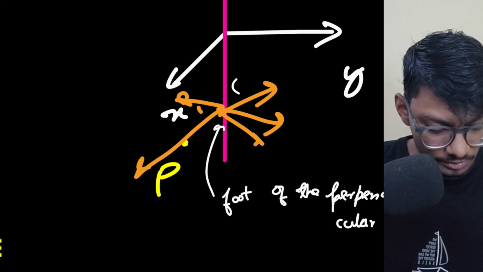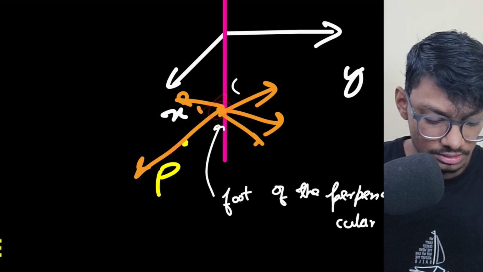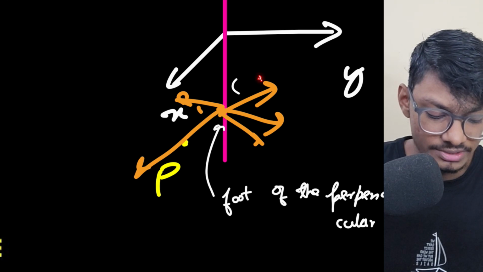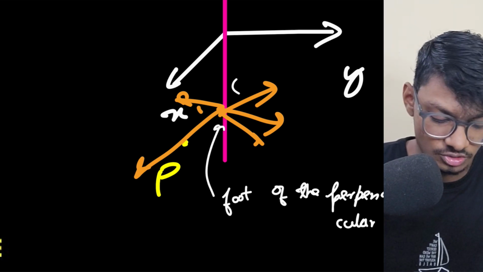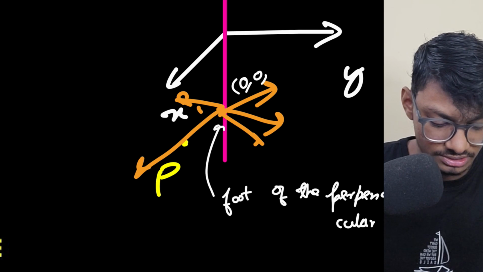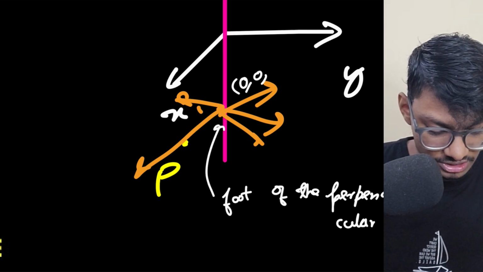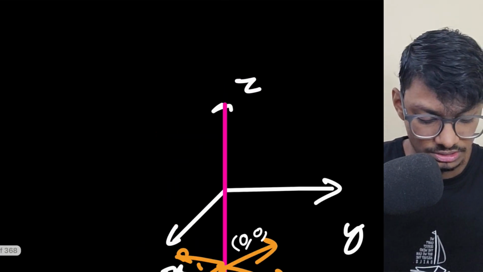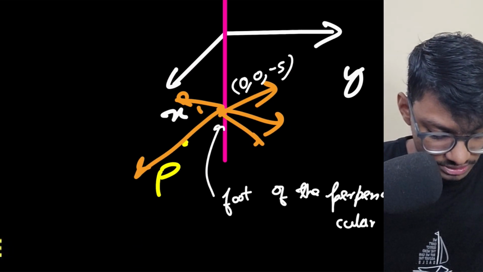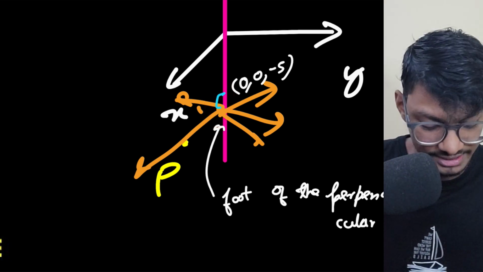This point will be just same, z coordinate will be same, x and y coordinate will be 0, 0, because this is passing through the origin itself. This is the z axis itself. Just the z component will be same. Whatever the z component here was, it was -5. So this will be -5. Okay, this is the foot of the perpendicular. I hope you understand. This I will assume is the midpoint, symmetric case, right?